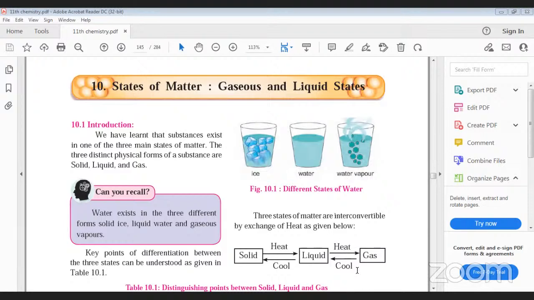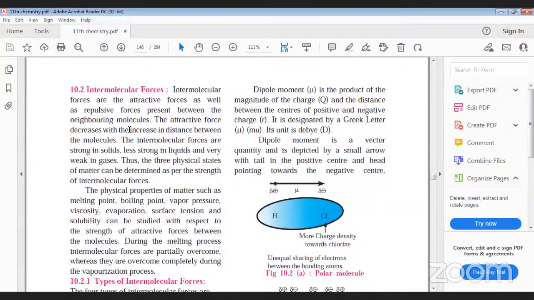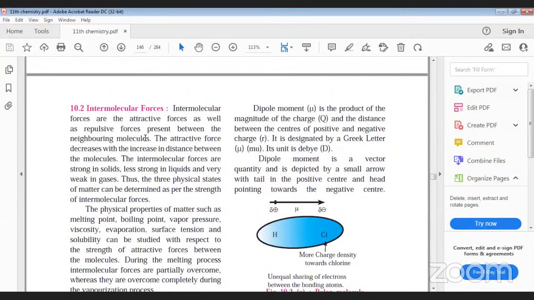Now this is because of the intermolecular bonding. So we are going to study, first of all, the different intermolecular forces. These intermolecular forces are responsible for any of the states. If it is solid state, intermolecular forces between them are very strong.